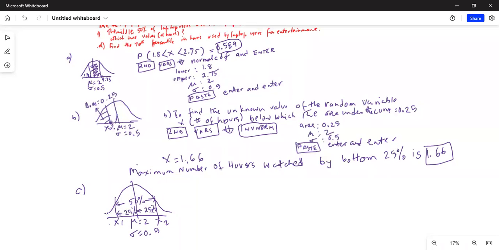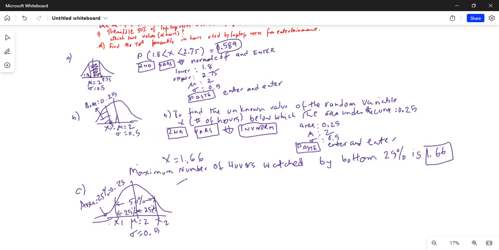So if from the center to this unknown x1 is 25%, then the remaining area in the left half is also 25%, equal to 0.25. The reason is the total area in the left half is 0.5 because of the symmetry of the bell-shaped curve, out of which 25% is between x1 and the mean. So the area to the left of x1 is 0.25.